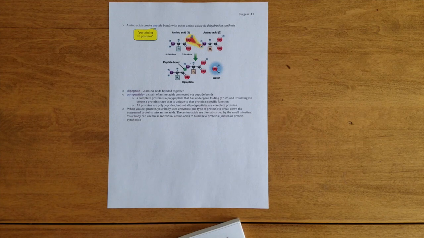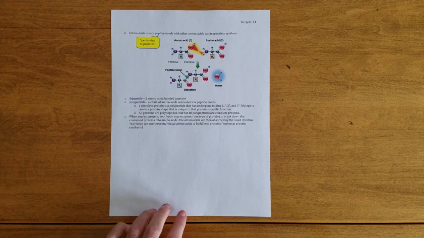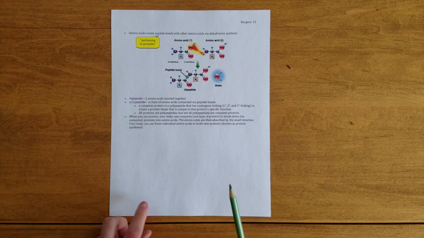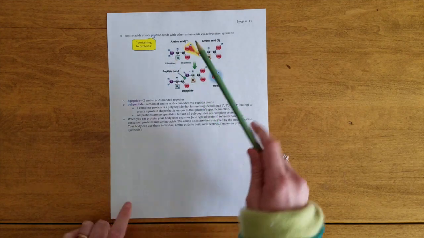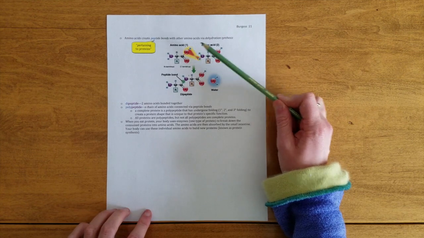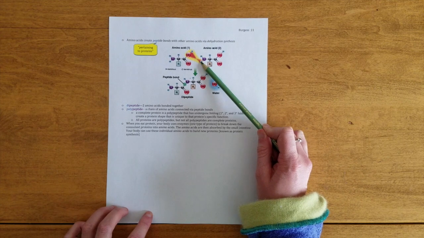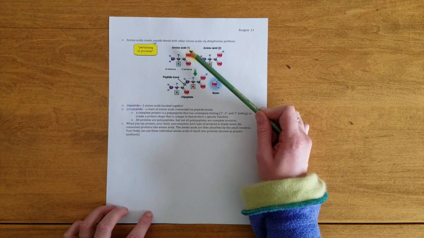So amino acids are joined together into big long chains via what's called peptide bonds. Peptide bonds are created via dehydration synthesis. This image is showing you, here goes a hydroxyl group from one amino acid, here's a totally different amino acid who's going to give up a hydrogen, H2O.